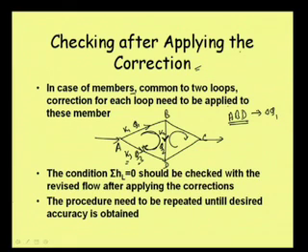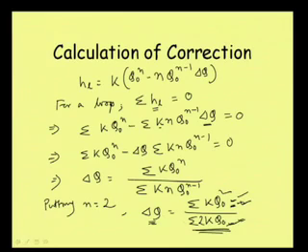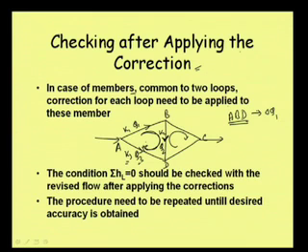Doing all those calculations using this expression, we will get a value of delta q for this particular loop. After applying the correction, what will be the value here? If the delta q value we get is positive, that means our correction is positive.